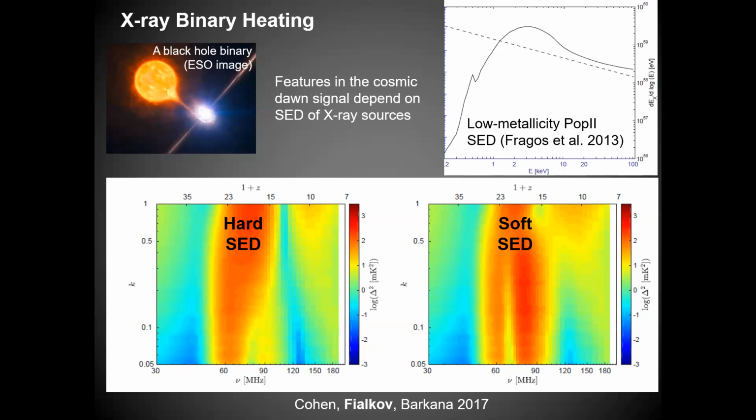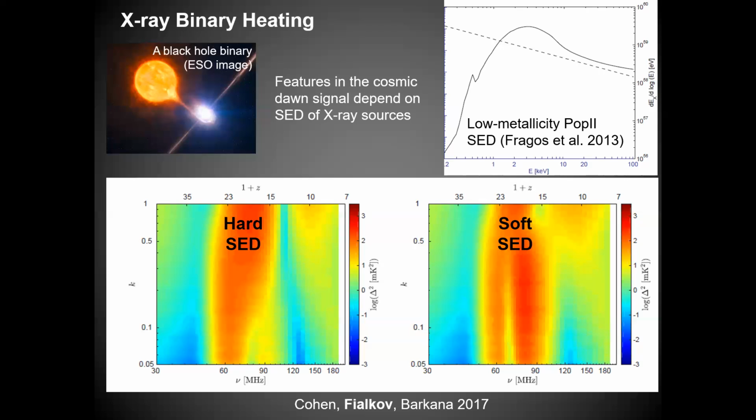Most of the radiation from these X-ray binaries comes out at 1 kiloelectron volt. If you compare that to another theory where most sources create very low energy photons, the signature in the 21 centimeter background would be very different. So in principle, we can distinguish spectral properties of the first sources in X-ray by observing the signal.